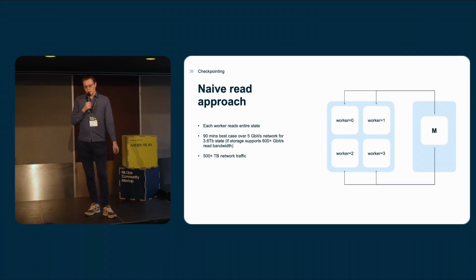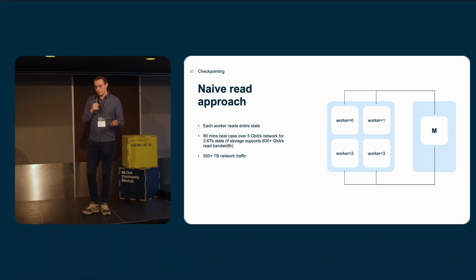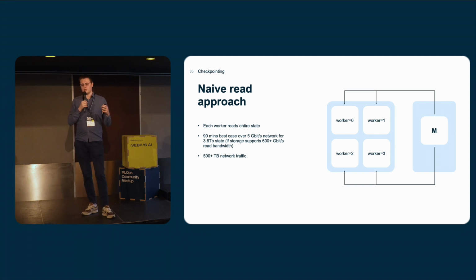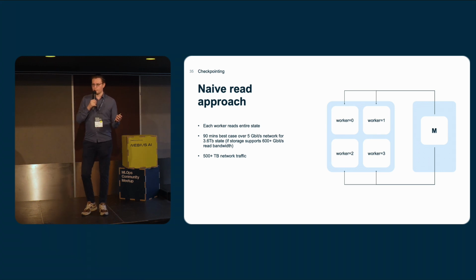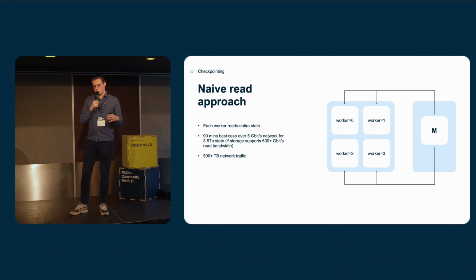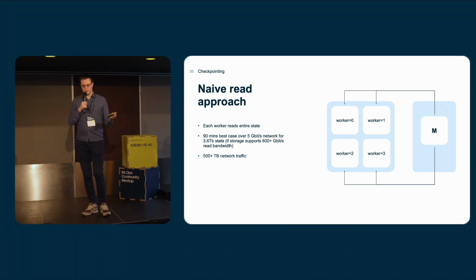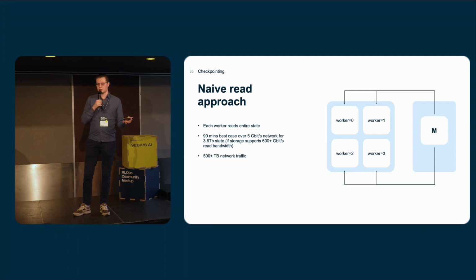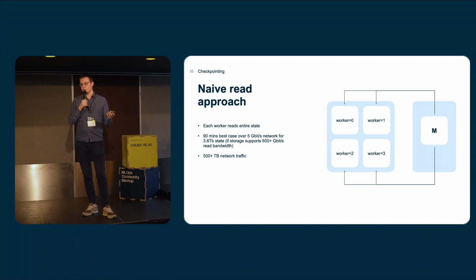And for the first issue, we also came up with a more strategic solution. Once again, in the naive case, we can just read the entire training state from persistent storage to each model replica. But in the case of a very big training state, this would be very slow over a standard network interface.